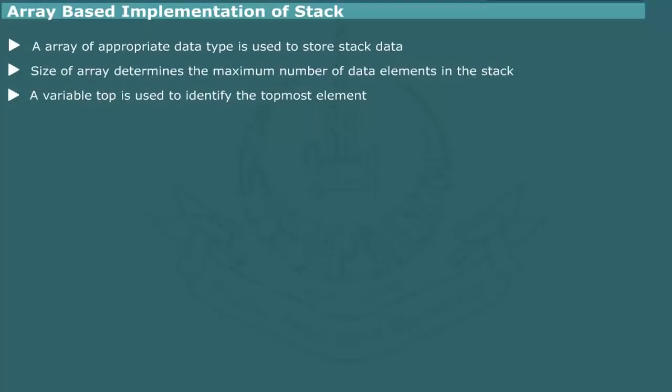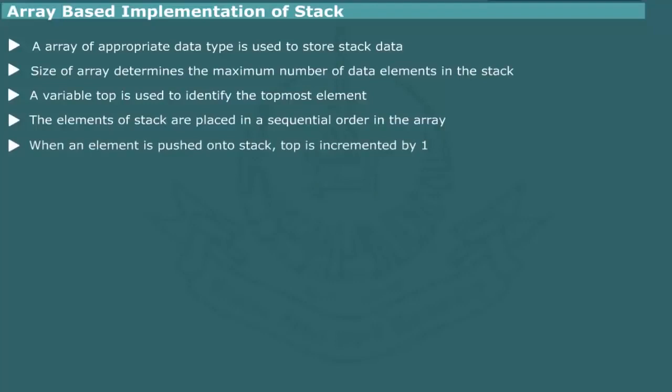It is initialized to -1 to indicate an empty stack. The elements of stack are placed in a sequential order in the consecutive cells of an array. By convention, the first element that enters the stack is placed in the first cell, the second in the next cell, and so forth.